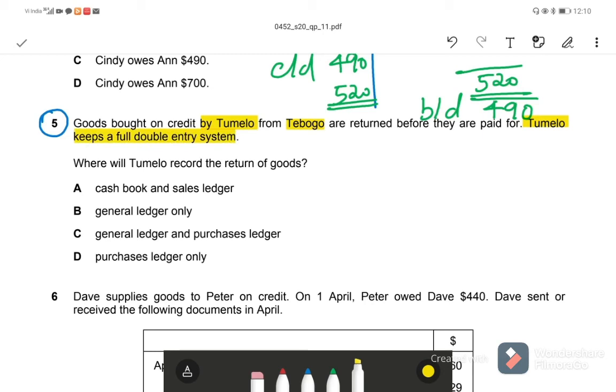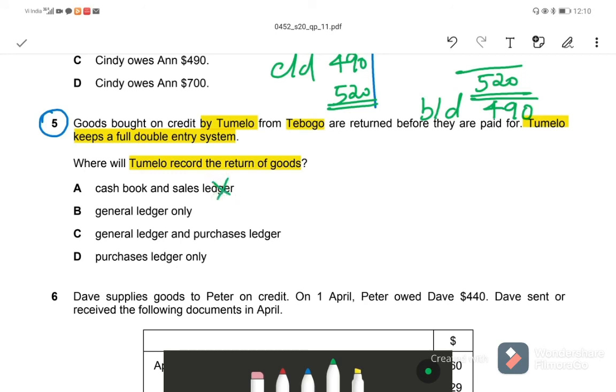Where will Tumelo record the returns of goods? First option, cash book and sales ledger. This is not a cash transaction. This is the returned goods. So the first option is wrong.